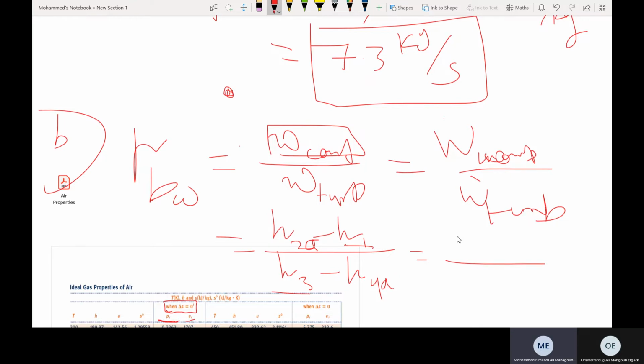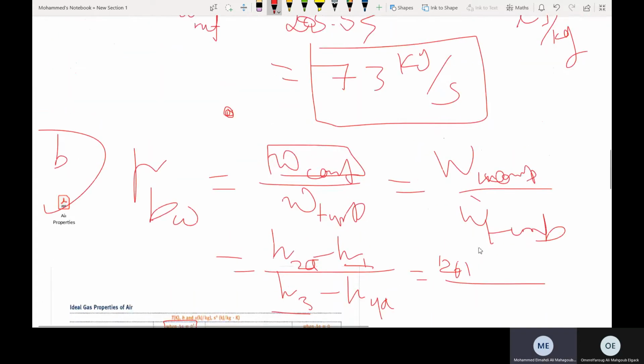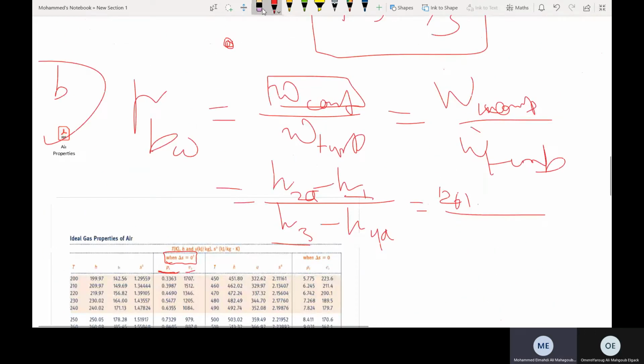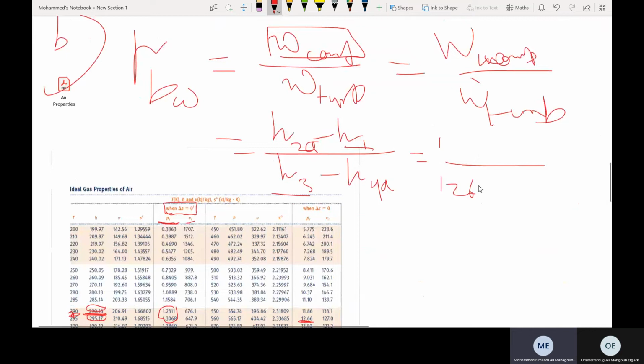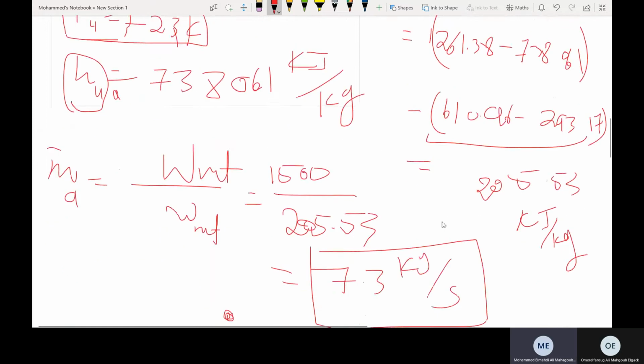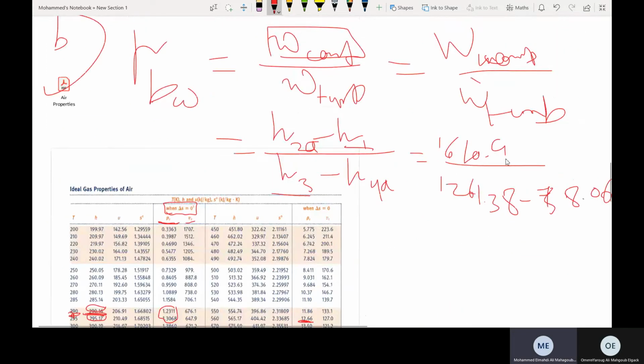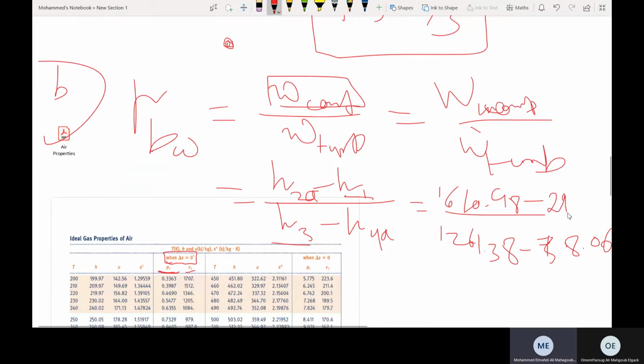So we are going to have 1261.38 minus H4 actual, which we calculated, 738.06, over these values, 610.98 minus 293.17, I believe, yes, 0.17.